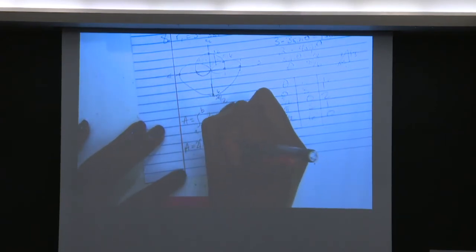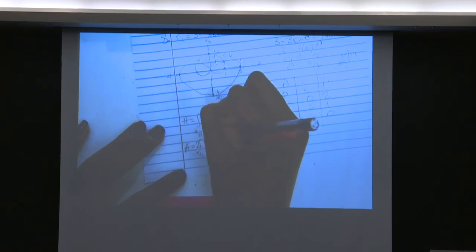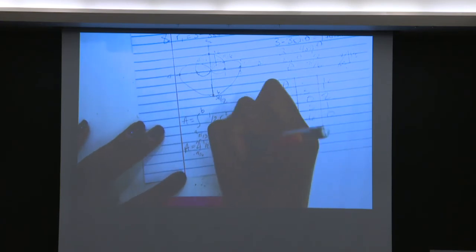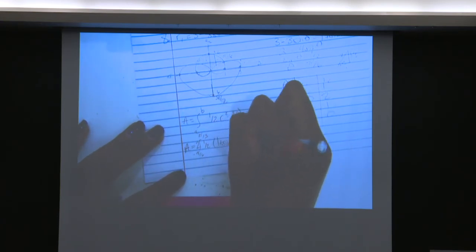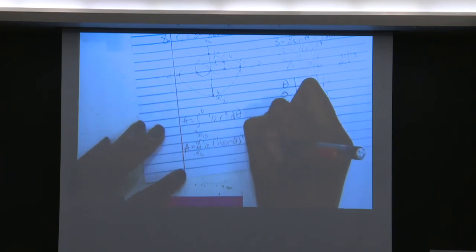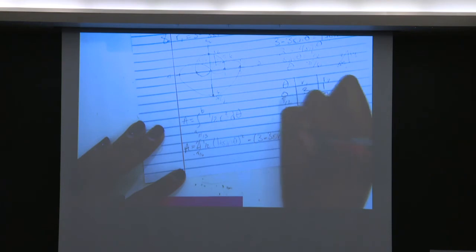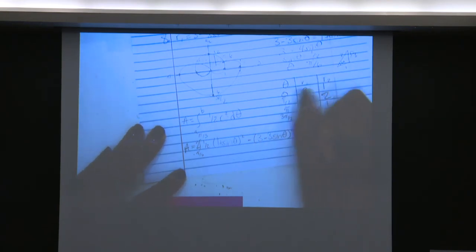Two times 1/2 from pi over 6 to pi over 3 of (1 plus sine theta) squared minus (3 sine theta) squared d theta.